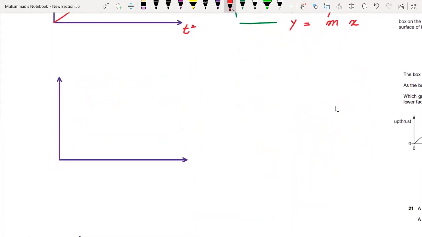Another situation is if your equation looks like this: y is equal to some constant k times the square root of x. This is again a very important situation. So you can see from this equation that y is proportional to square root of x.